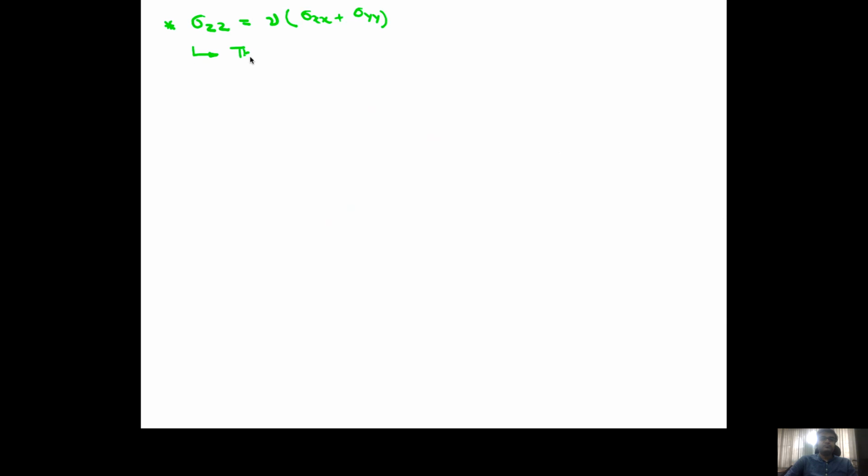This implies that there are only two independent normal stress components.